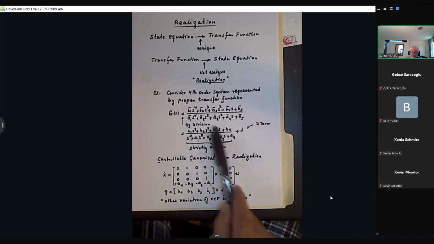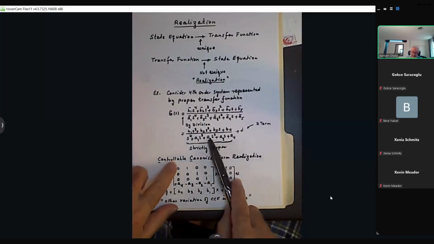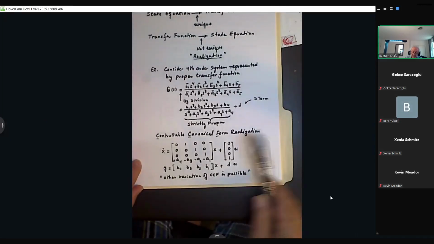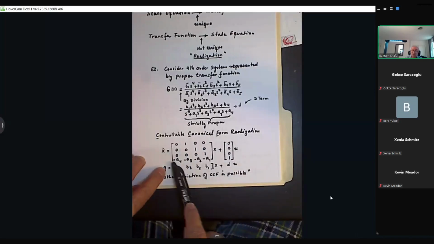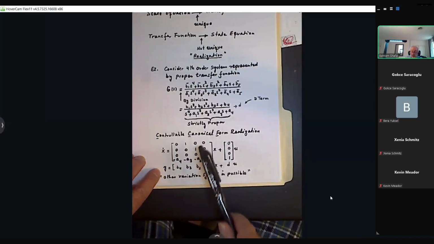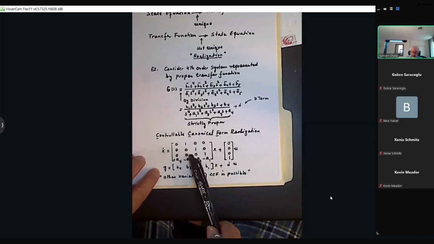The rest of them here becomes a strictly proper transfer function. And for that strictly proper transfer function, you have one state space realization, which looks like this, which is called controllable canonical form. The way that you can realize this is very similar to that first example that I showed you for the second order system.